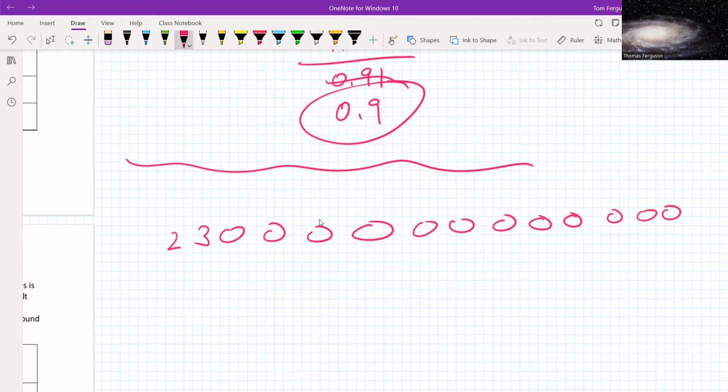Would you class this as an awkward number? It's uglier than you know what. There's a way we can get around that by expressing this in scientific notation. The purpose of scientific notation is to make awkward numbers less awkward.